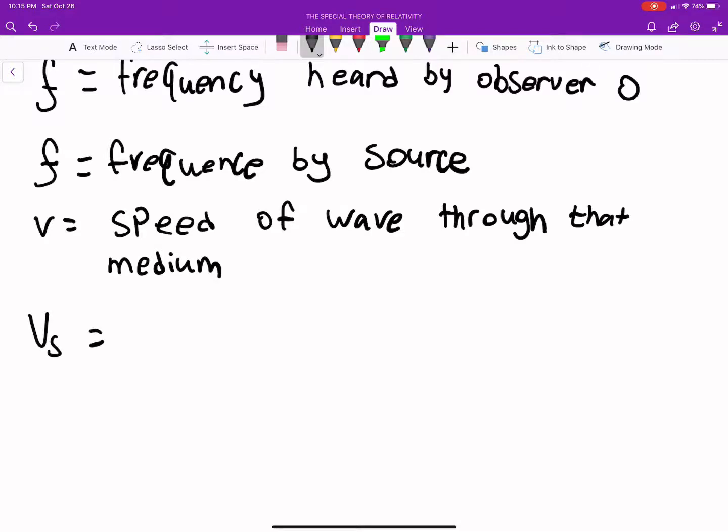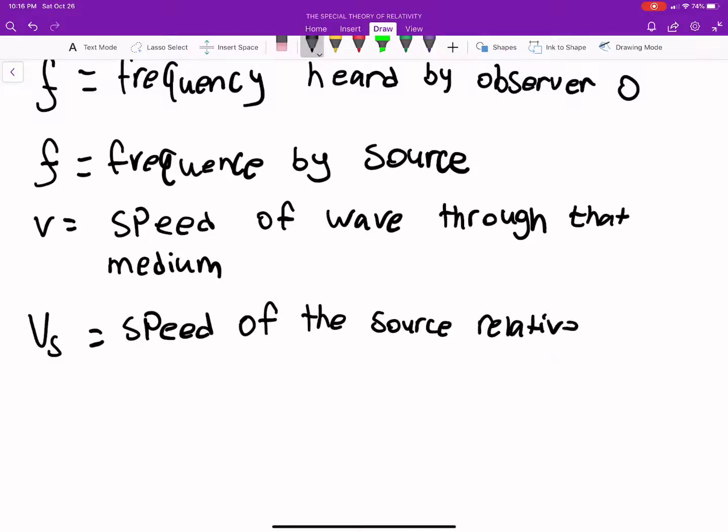V sub s is the speed of the source relative to the medium.